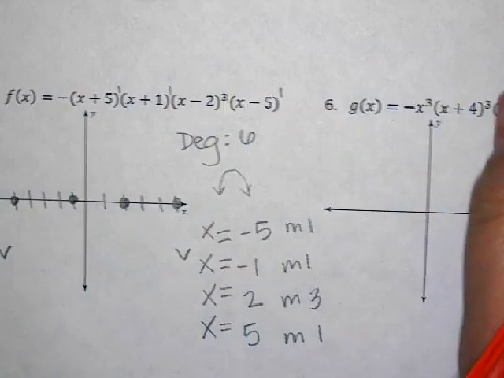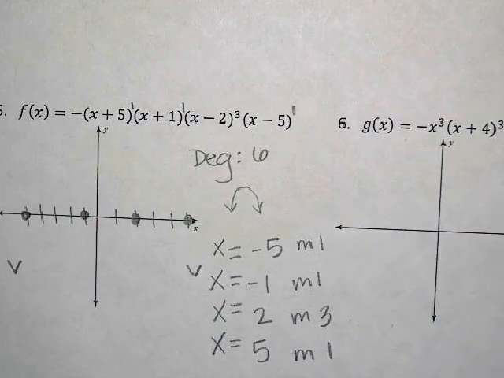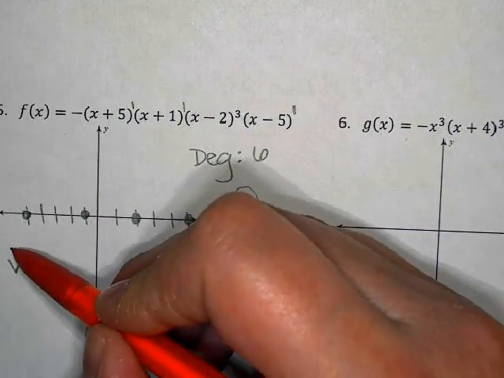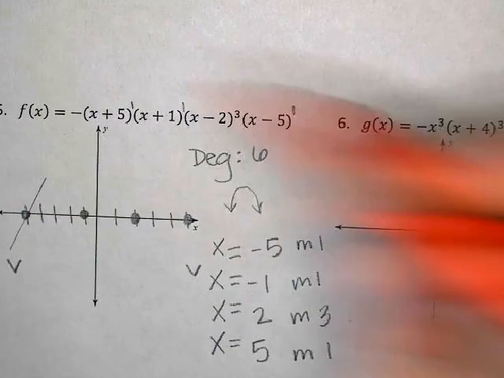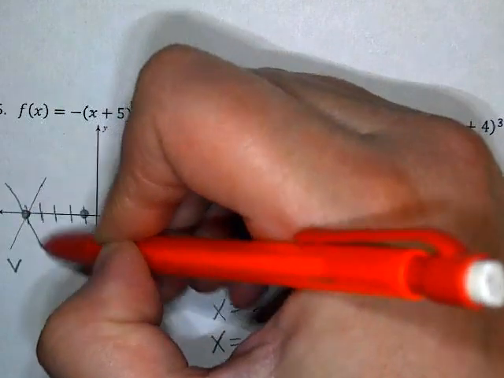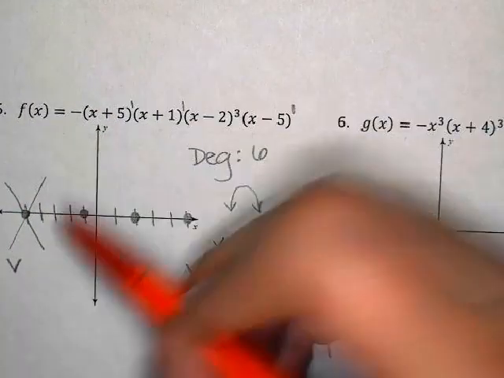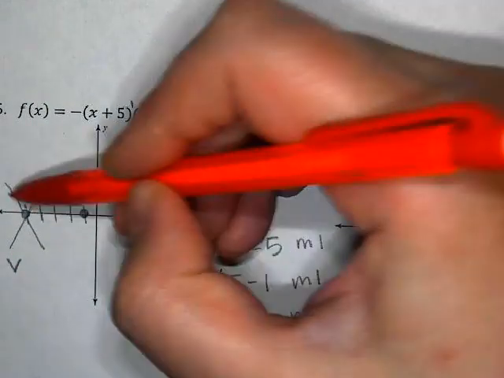Our slant can go this way, or our slant can go this way. Which one is it, first or second? The first one, okay? So our graph is going to slant like that.